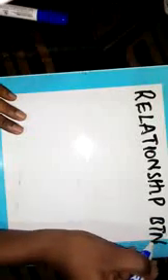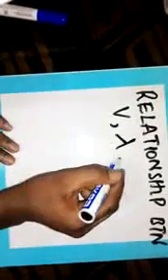Now, we have another thing we want to know as far as wave velocity is concerned. This is all about the relationship between wave velocity, which is V, wavelength, which is given by lambda, and frequency, which is given by f.